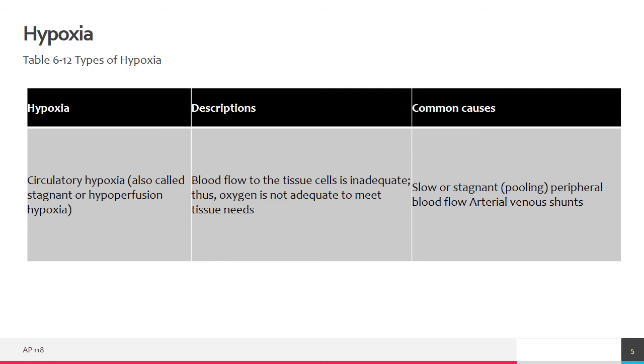Hypoperfusion states can occur when the peripheral capillary blood flow is slow or pools. This condition can be caused by a decreased cardiac output, vascular insufficiency, or neurochemical abnormalities. I want you to think about a big overstretched heart that's lost all its elasticity.